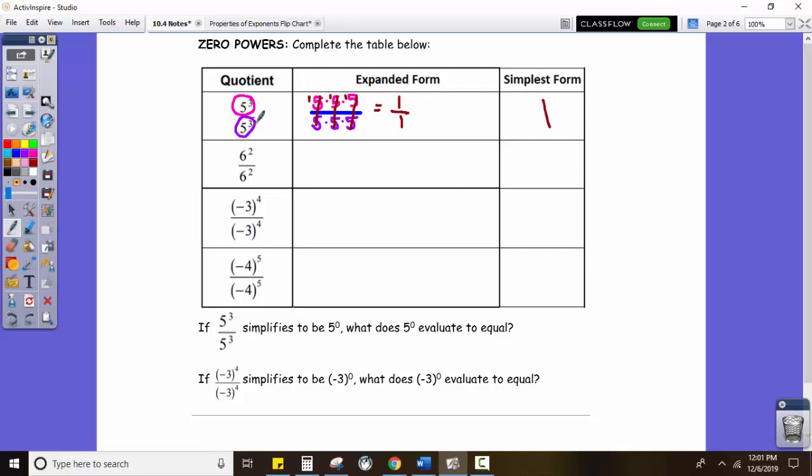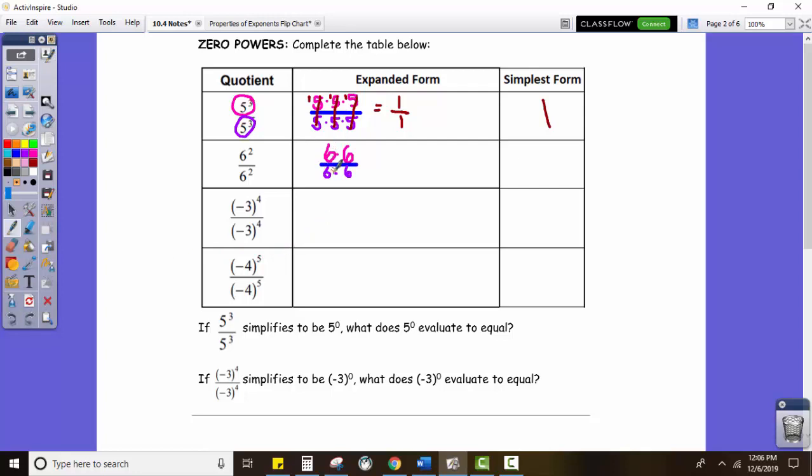So you might be thinking, how do I get 1 out of 5 to the third? Well, I'm taking 5 to the third and dividing it by itself, 5 to the third. A number divided by itself will always equal 1. Okay, we'll look at the next example, 6 to the second divided by 6 to the second. So in expanded form, the numerator would be 6 times 6, and in the denominator, I would have 6 times 6 again.